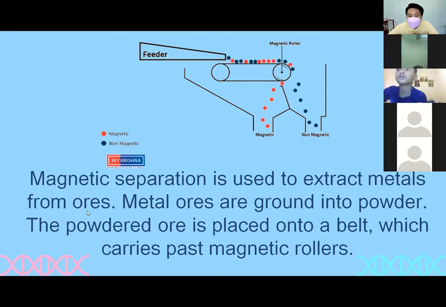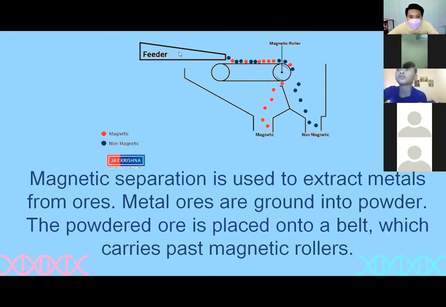So ores means like stone with metals. After the stone is ground into powdered ore, they will put it on the feeder, and then the feeder goes to the magnetic roller.